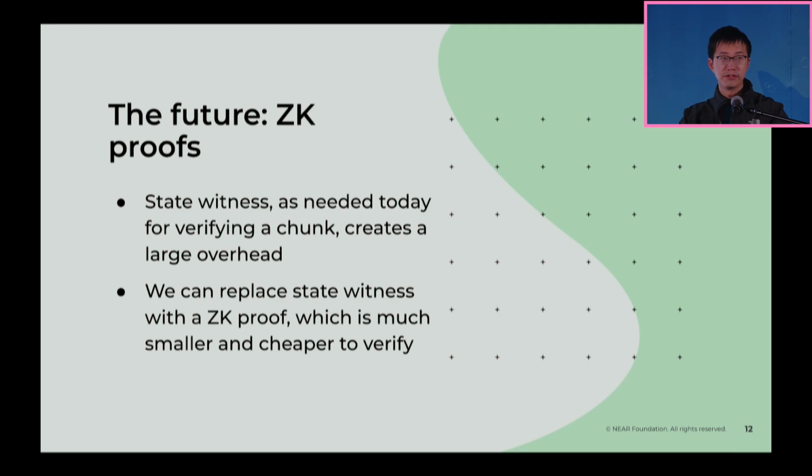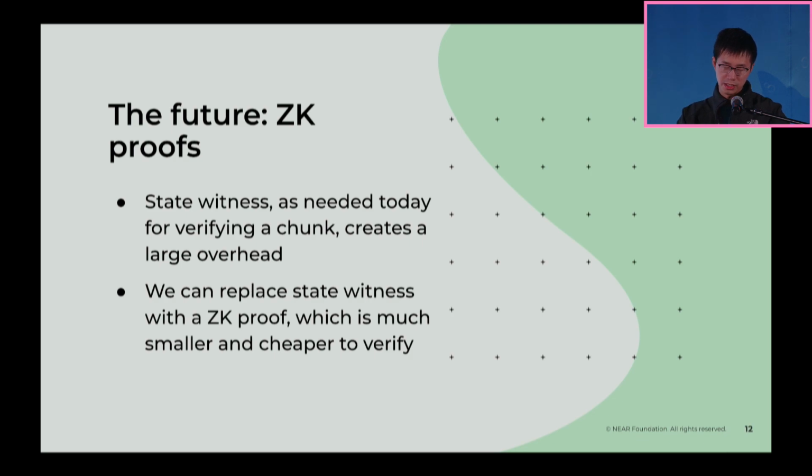With zero-knowledge proofs, we can actually replace that. For example, instead of generating a state witness, the chunk producers can generate a zero-knowledge proof, which is much, much smaller, on the order of several hundred bytes or several kilobytes.